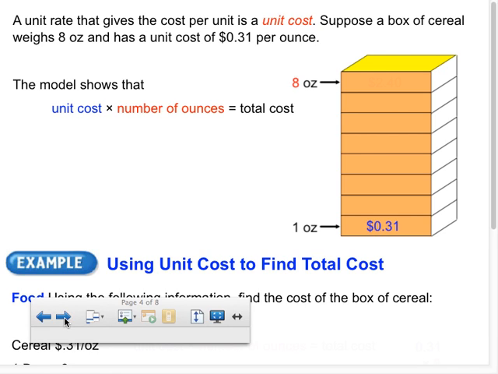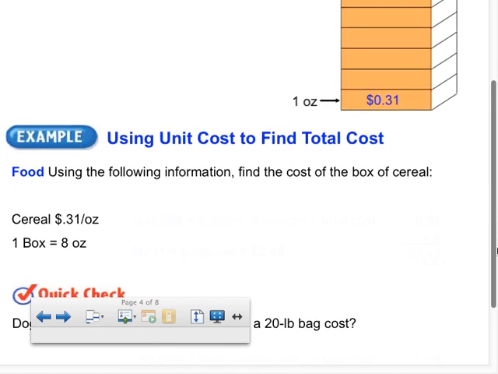So here's the model, and this comes up a couple times in the lesson, so I thought I'd go ahead and make sure I had the model to represent what was going on. So we have 8 ounces for the whole box of cereal. We know each ounce costs 31 cents. So the unit cost times the number of ounces equals the total cost. So really quickly, let's work this problem out.